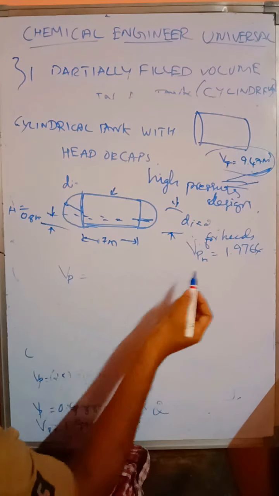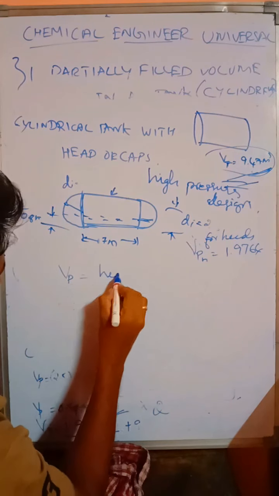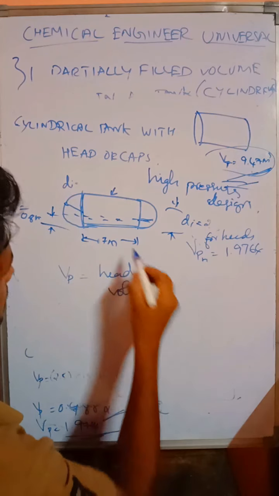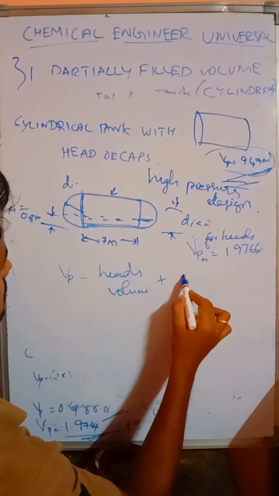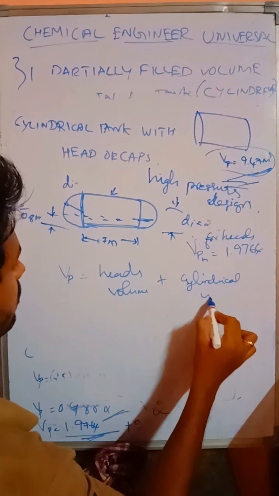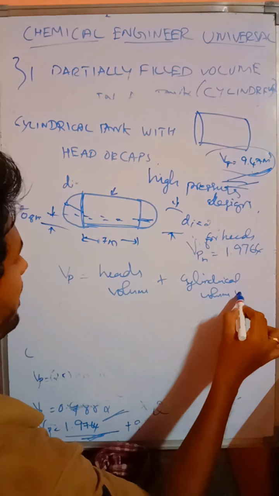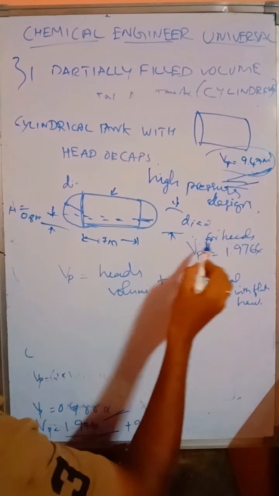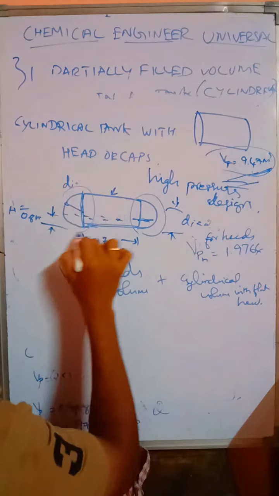So the total volume will be this heads volume plus the cylindrical volume with flat heads. The formula accounts for this portion only and this portion.